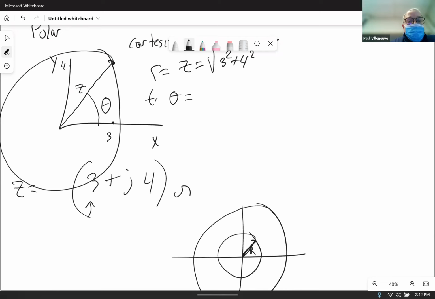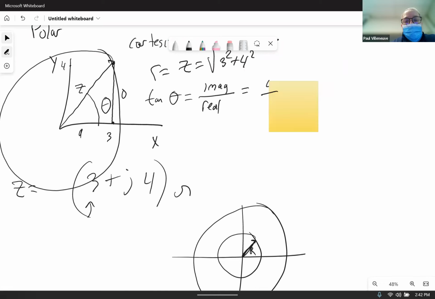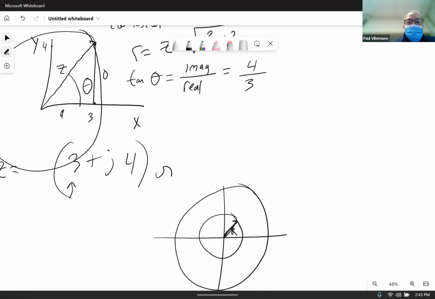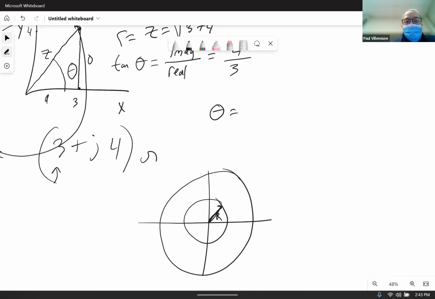The tangent of theta is equal to the opposite over the adjacent. This is the opposite, and this is the adjacent. So that's equal to the imaginary term over the real term, or 4 over 3. So to solve for my angle, it's the inverse tangent of 4 over 3.